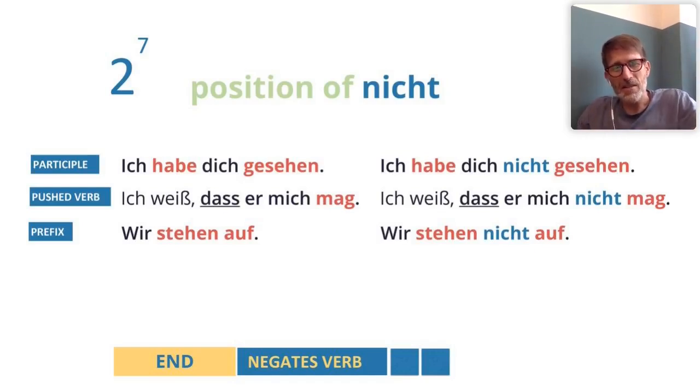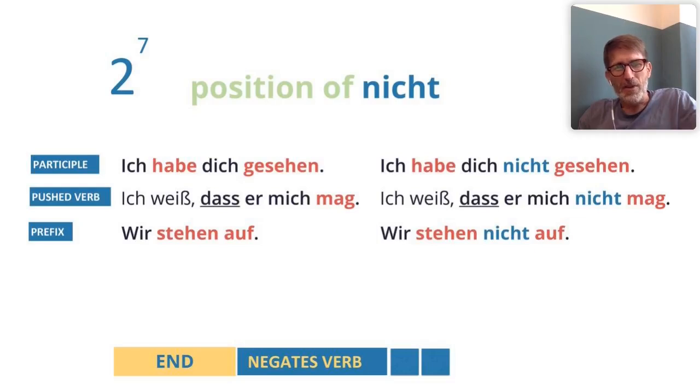Very often, if there's nothing else in between, you put the nicht in front of the past participle. It gets more complicated if there's more elements in a sentence. But if you say, ich habe nicht gegessen, ich habe nicht geschlafen, ich habe nicht gerochen, then you put it there.